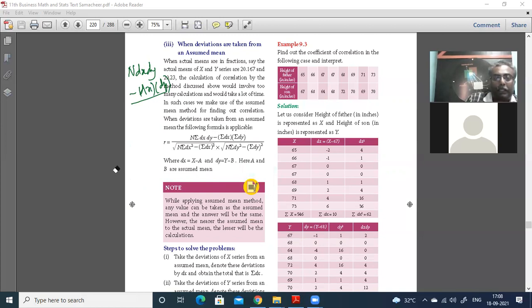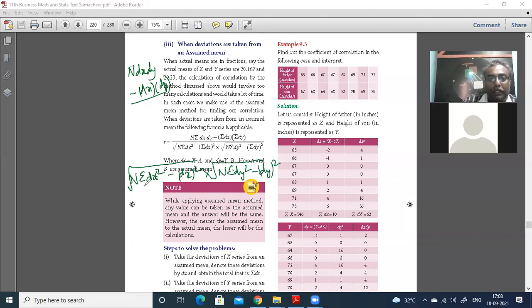What will be the denominator? Same way. Denominator will be n into sigma dx squared minus sigma dx the whole squared, whole root, into again n into sigma dy squared minus sigma dy the whole squared.